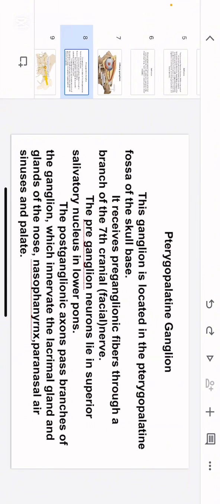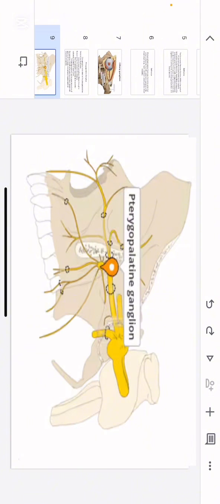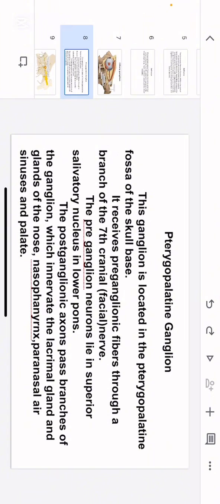The second ganglion is pterygopalatine ganglion. This ganglion is located in the pterygopalatine fossa of the skull base. So as you can see, this is pterygopalatine fossa, and it receives preganglionic fibers through the branch of the 7th cranial nerve, that is facial nerve. The preganglionic neurons lie in the superior salivatory nucleus in lower pons.